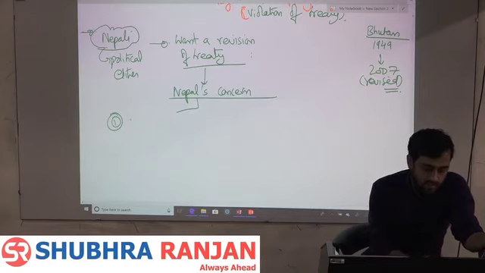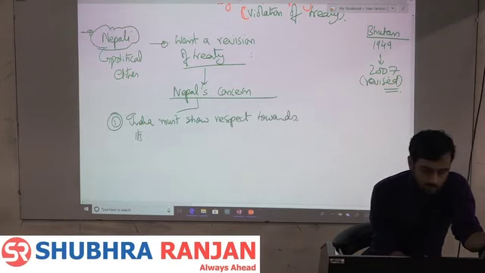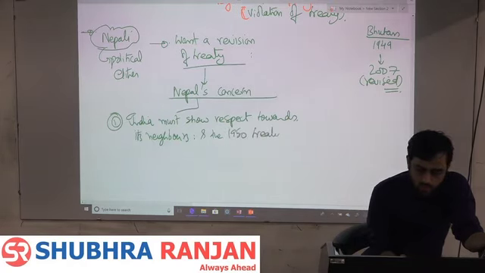So firstly, Nepal's concern is India must show respect towards its neighbors, and the 1950 treaty is an unequal treaty.